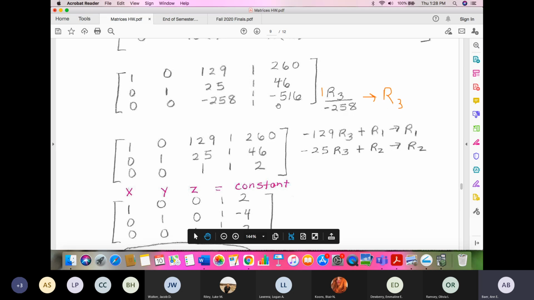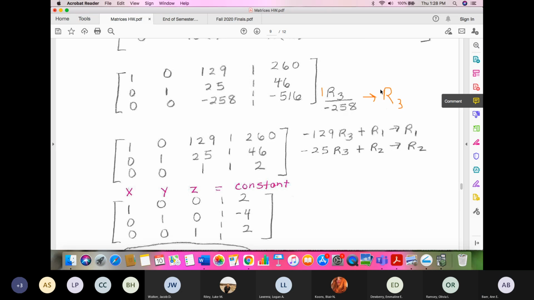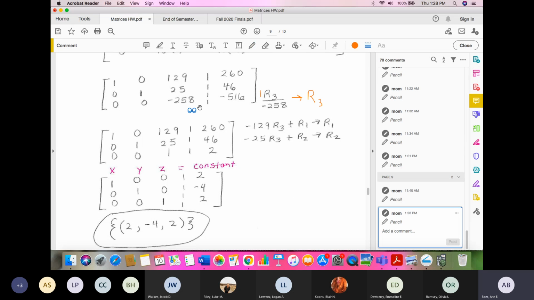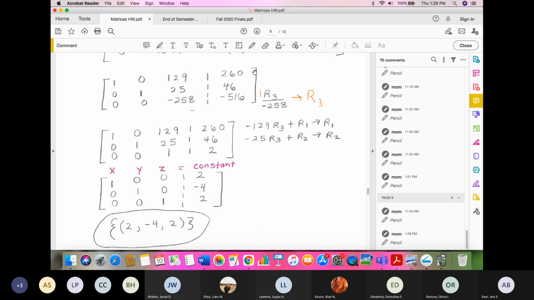And if we take negative 516, this guy, I think I'll write it out here. I hope I can fit it in. Negative 516.